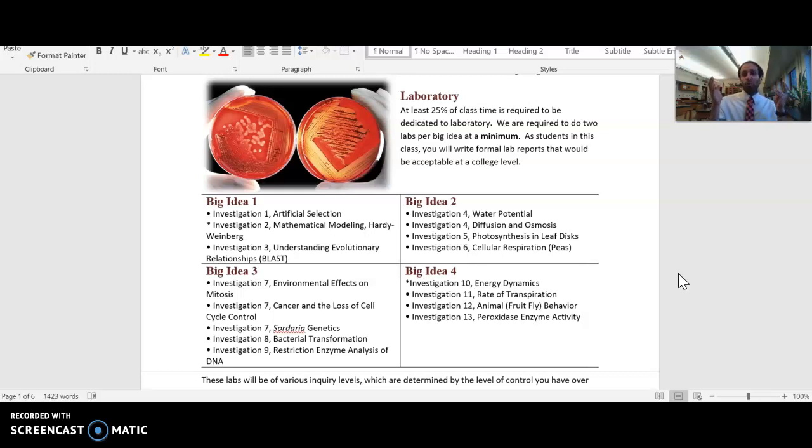We've got a whole bunch of different kinds of labs here that are exciting and neat that I think you would get a lot out of, and that a lot of colleges use too. So you would really get a head start.